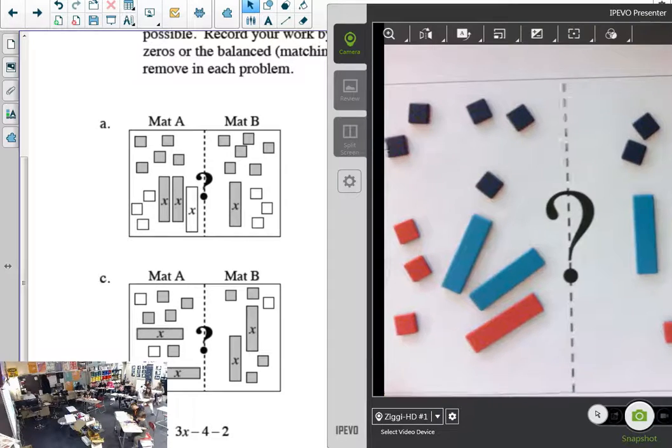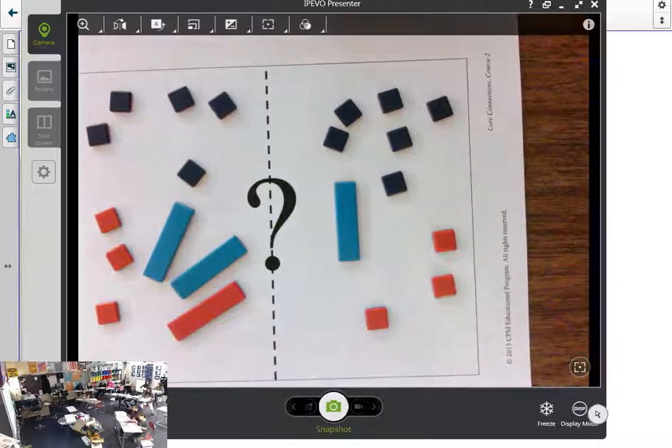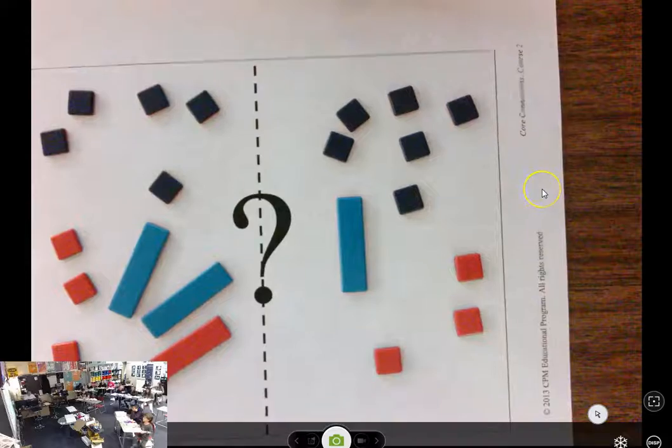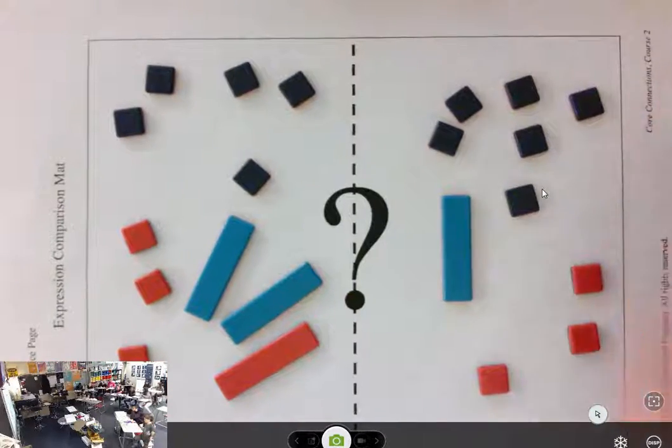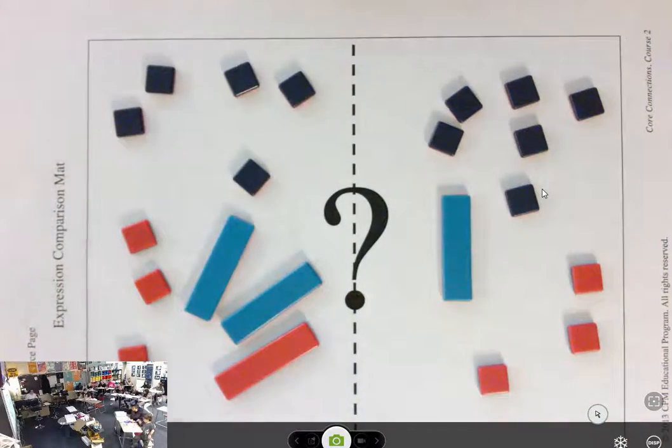You should end up with something looking similar to this. Still see people working. Just going to use cards for who can help me.